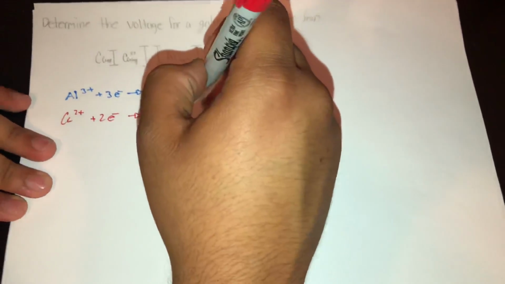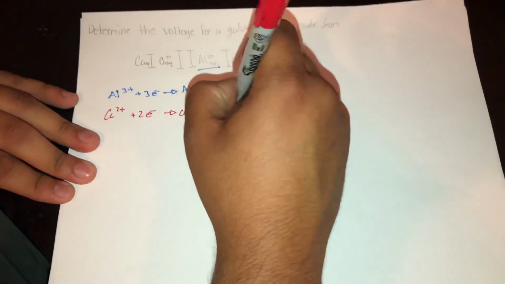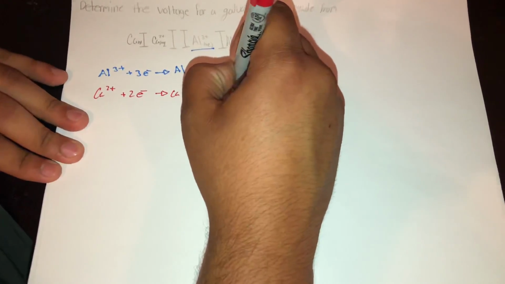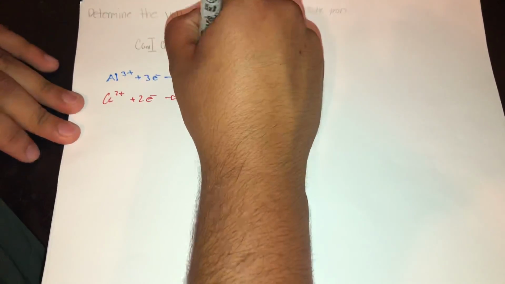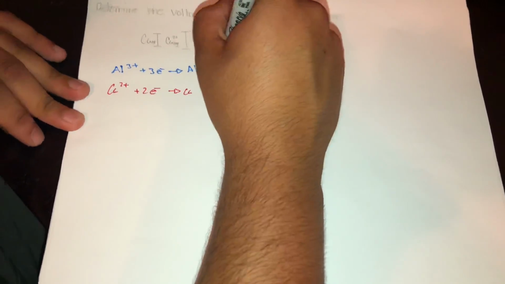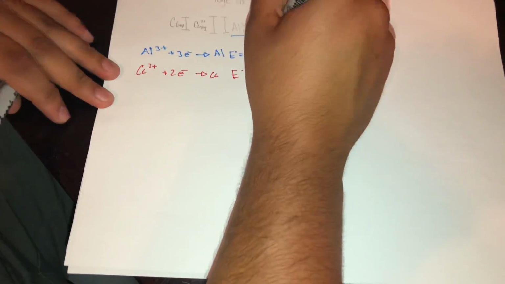For this one it's going to be E equals negative 2.76 volts, and for the top one E equals negative 1.66 volts.